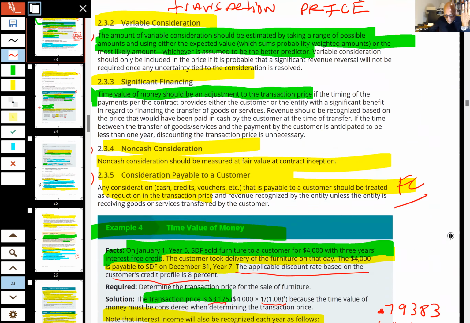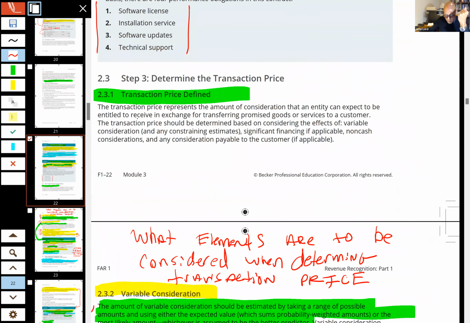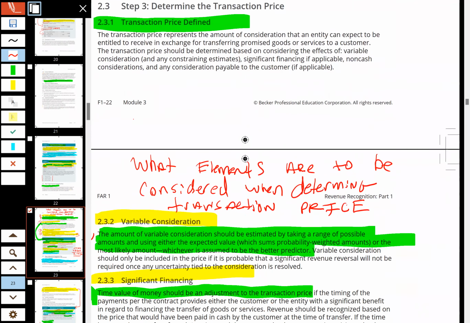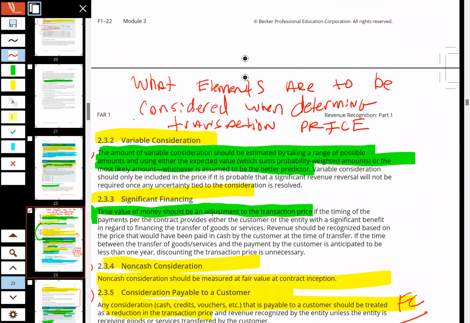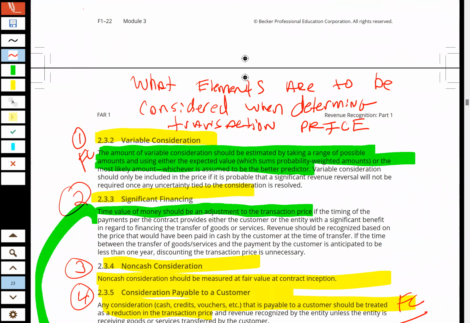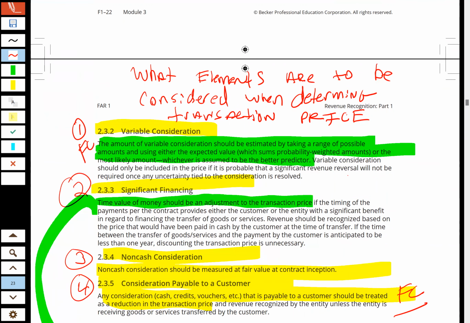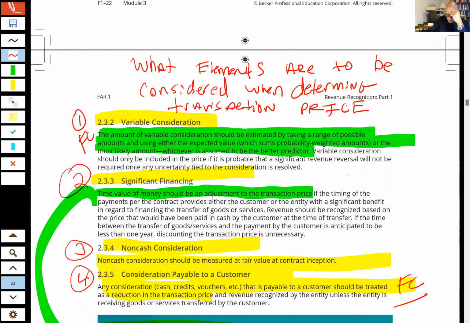I think there were 3 portions where it was saying you need to meet this criteria to recognize. I see. You mean what elements? This one? Yeah. For determining transaction price? That one? Yeah. Okay.